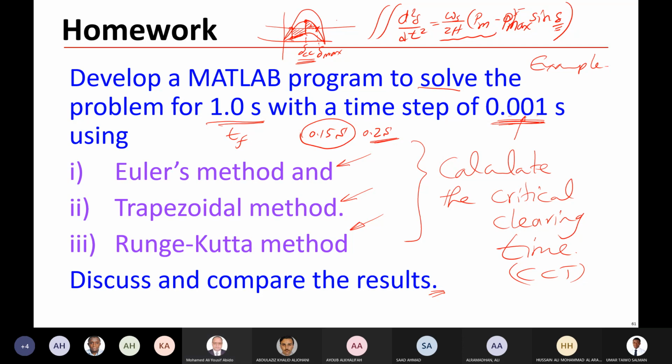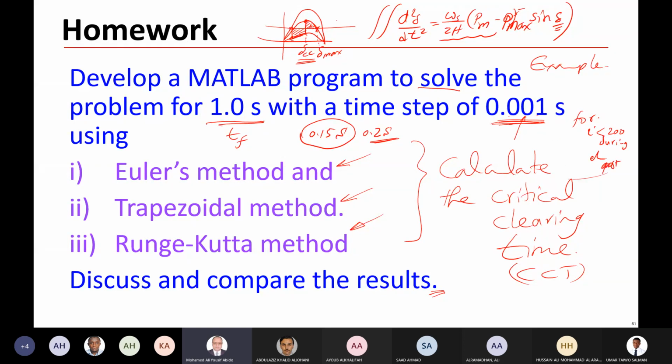Am I right? 200 iterations. So in this for loop that I pointed out before, if i is less than 200, then I will use the during-fault model, else the after-fault or post-fault model.